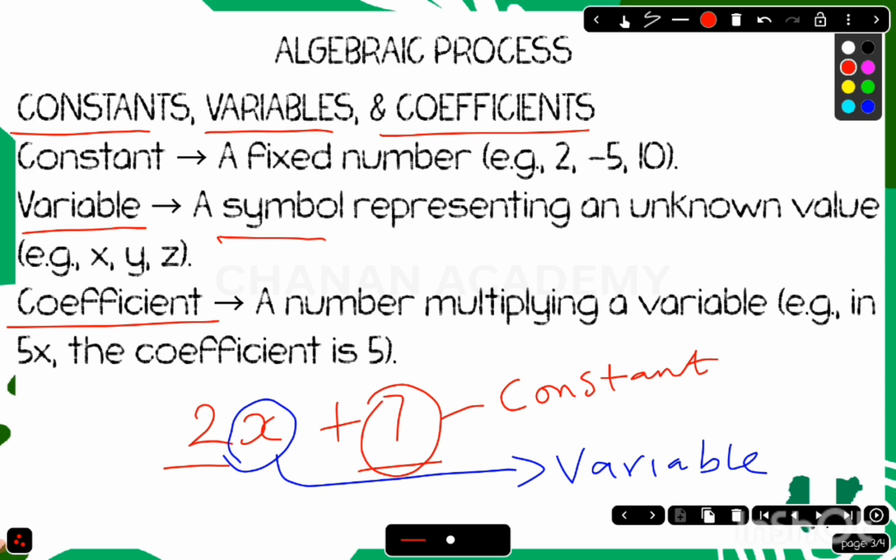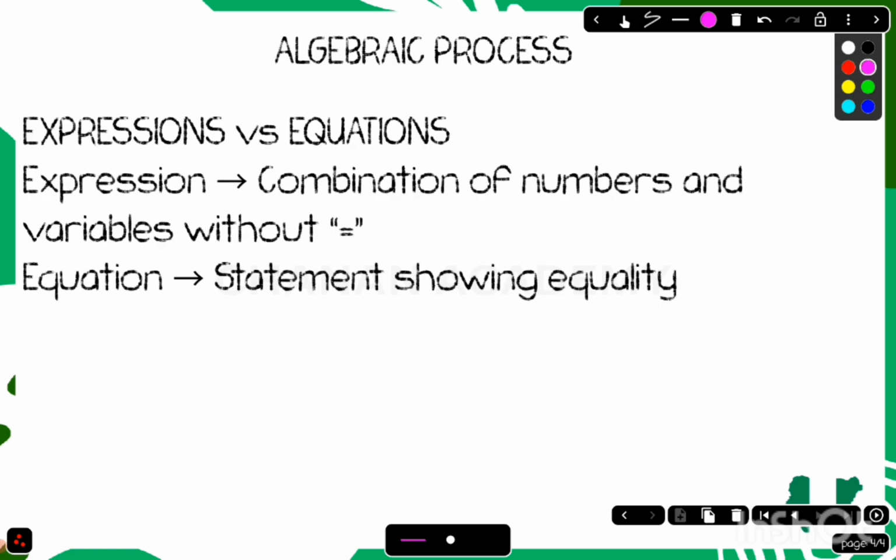Alright, so the next thing we define now is expression and equation. Now most times students mistake algebra expression to be algebra equation. Now algebra expression cannot be solved. It can only be simplified. But algebra equation can be solved.